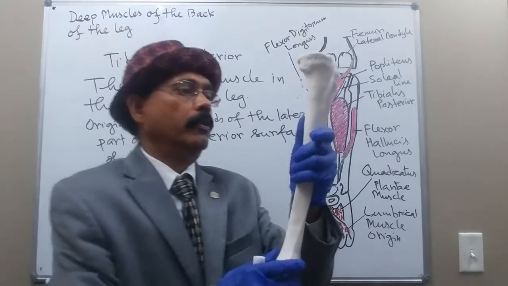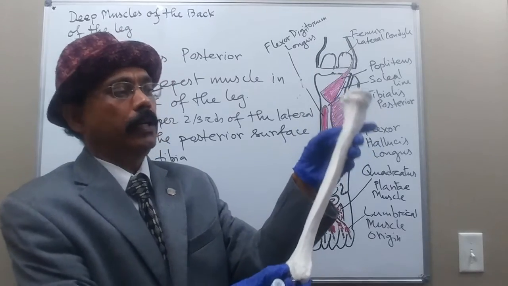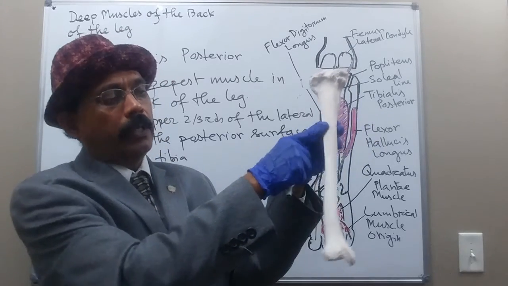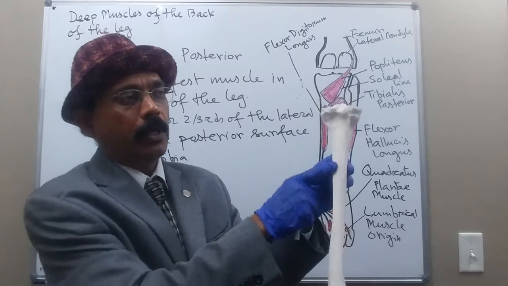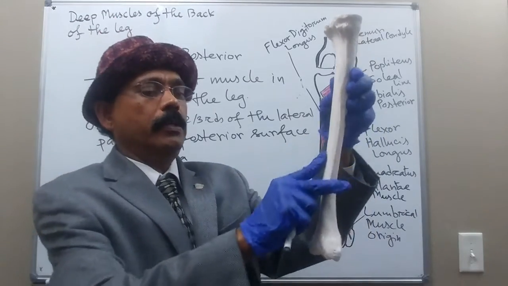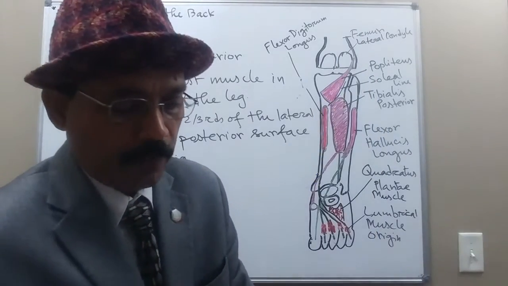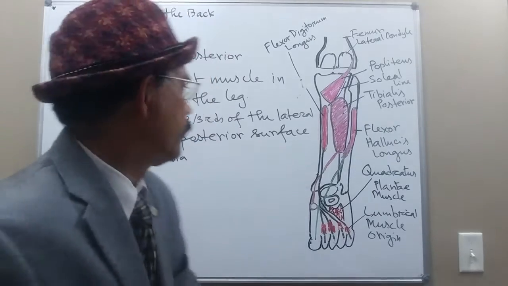Okay, so we got that. This is the soleal line. Here we'll get the origin of the tibialis posterior. From here, lateral part, medial part, we have the origin of the flexor digitorum longus.